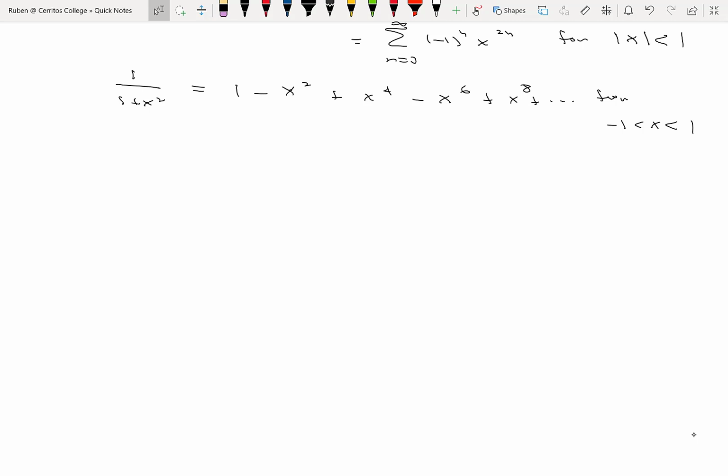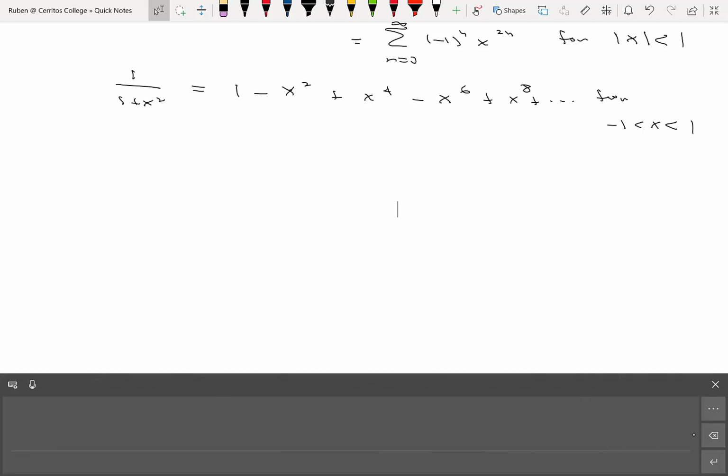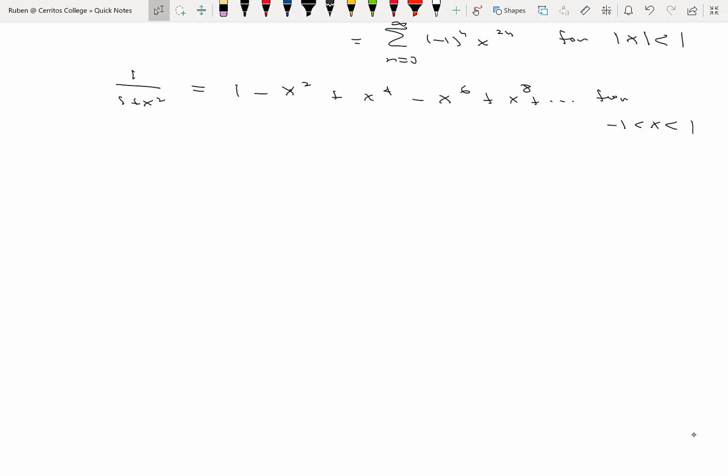Okay. So let's assume that I want to take the derivative of a power series. So let's call this a theorem. If f of x equals c sub 0 plus c1x plus c2x squared plus c3x cubed.